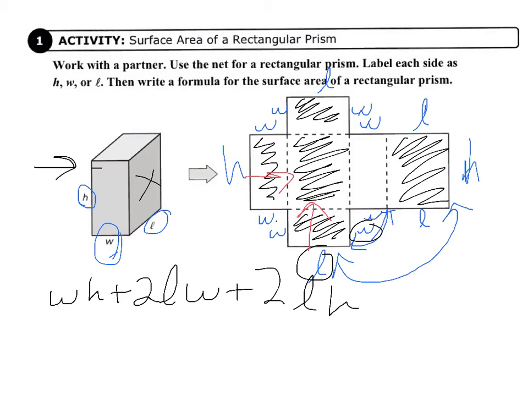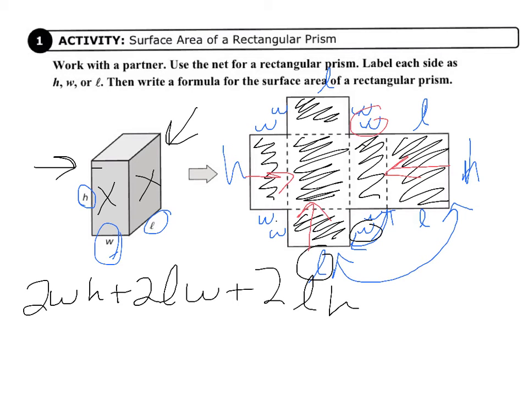And then there is this little rectangle, which we left out at the beginning. It also has an area of width times height. So all we really need to do there is put a 2 on the front. So it's 2 times width times height, because there's a front of this box and then there's a back of the box back here that we can't see.